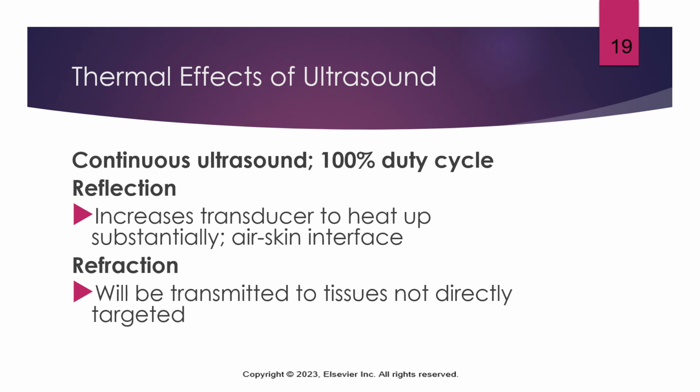And remember, this type of ultrasound is really used to help increase tissue extensibility, usually before stretching or concurrently with stretching. We can reduce muscle spasms using this thermal effect and increasing blood flow to the area. All of those indications are something that we'd use these thermal effects of ultrasound for.